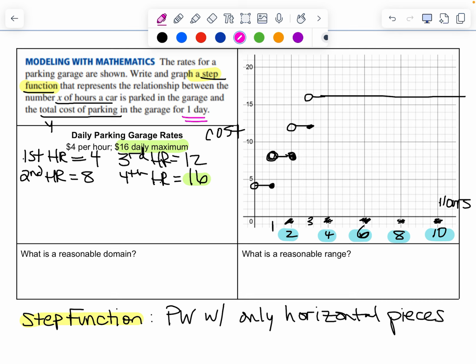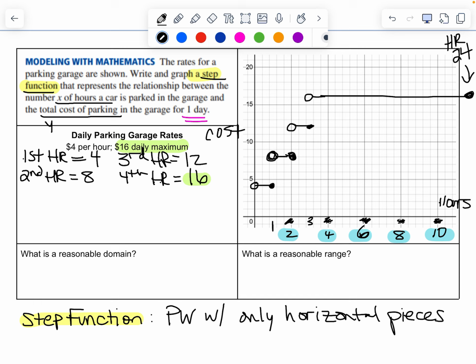So somewhere off to the side here, I'm going to draw this dot. And just understand that that dot right there is once we hit the 24-hour mark. Why is that? Because once we get to a new day, the clock would start ticking again in terms of being in the garage.